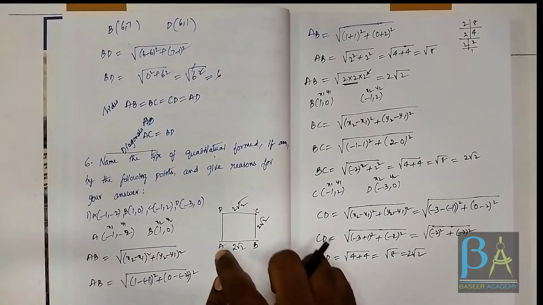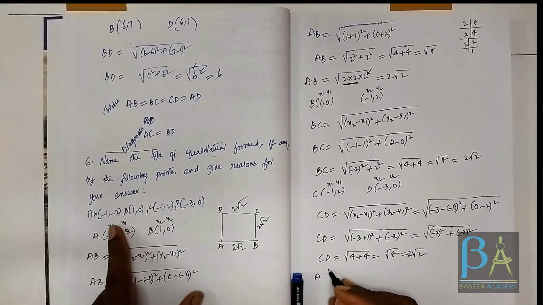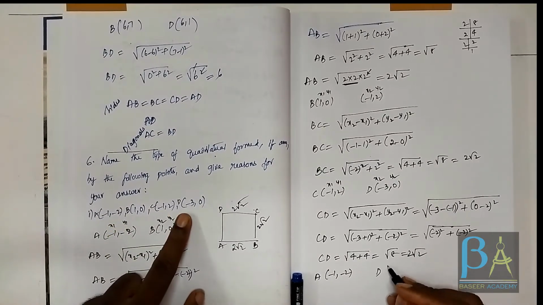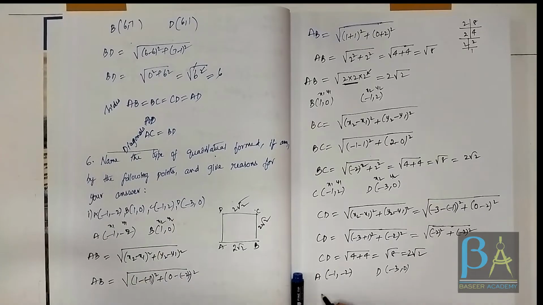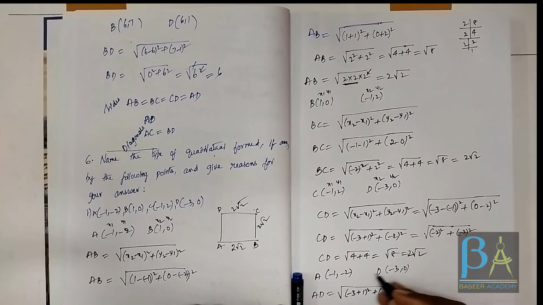In the same manner, you can find out AB as well. A is minus 1 comma minus 2, D is minus 3 comma 0. So let's find out the distance between the point A and point D. That is going to be minus 3 minus of minus 1 is plus 1, 0 minus of minus is plus 2.